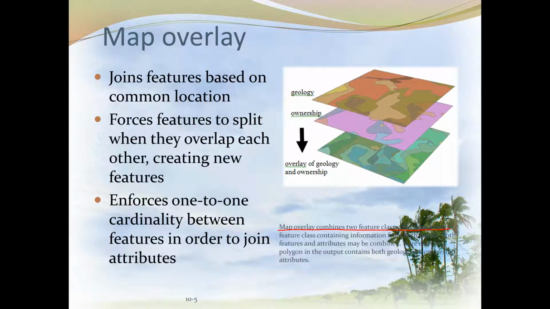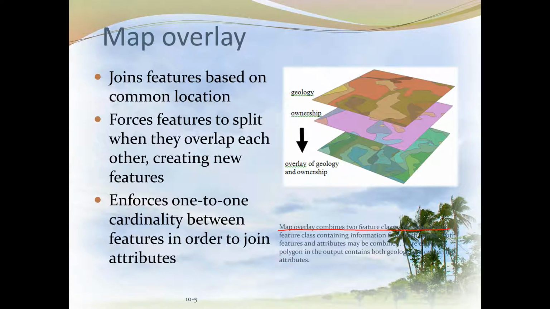Each new polygon has been given the attributes of the origins, and each contains information about both geology and ownership for the same feature. So the output layer might be useful for selecting areas containing certain gem-bearing rock formations on public land that would be suitable for mineral hunting.